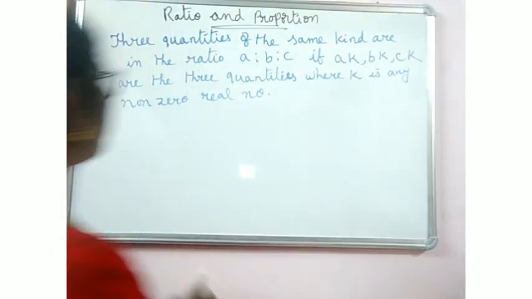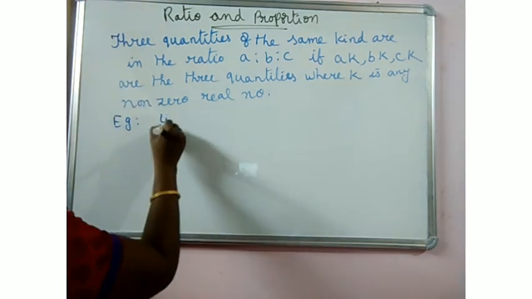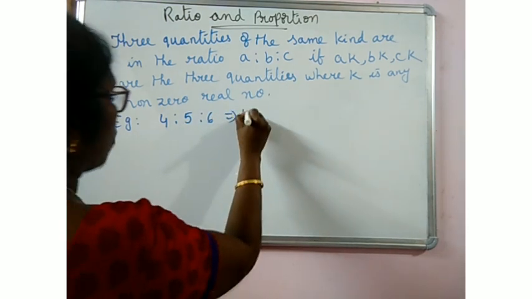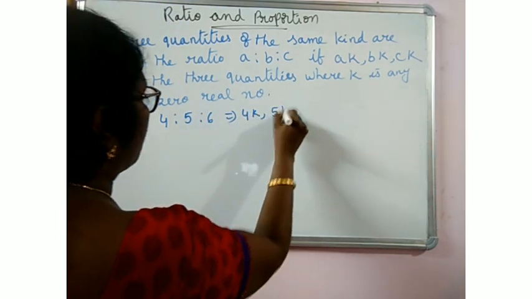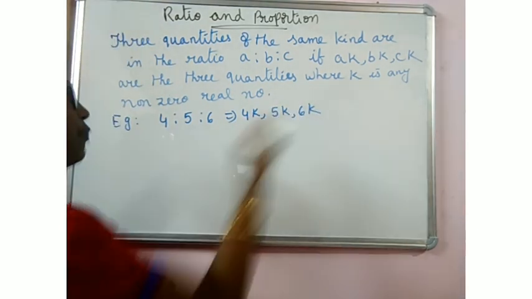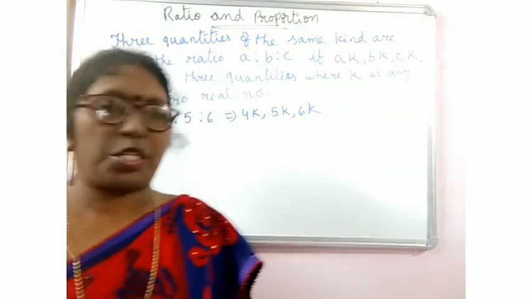Okay? Let me give you an example here. 4 is to 5 is to 6 means the quantities are 4K, 5K, 6K. Okay? Or you can take 4A, 5A, 6A or 4B, say 5B, 6B as you wish.